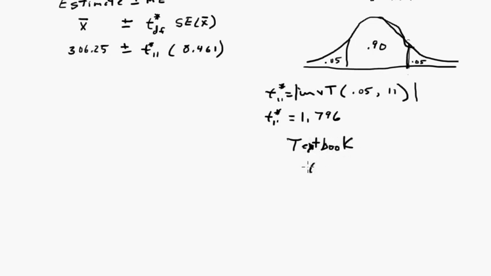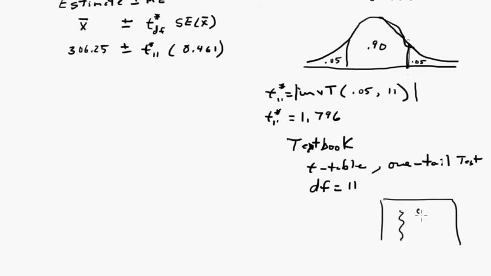Now, if you can't find it this way, you could use the textbook and go to the t table. Find the one-tail t table. So df would be 11. Go down and find df on the table.